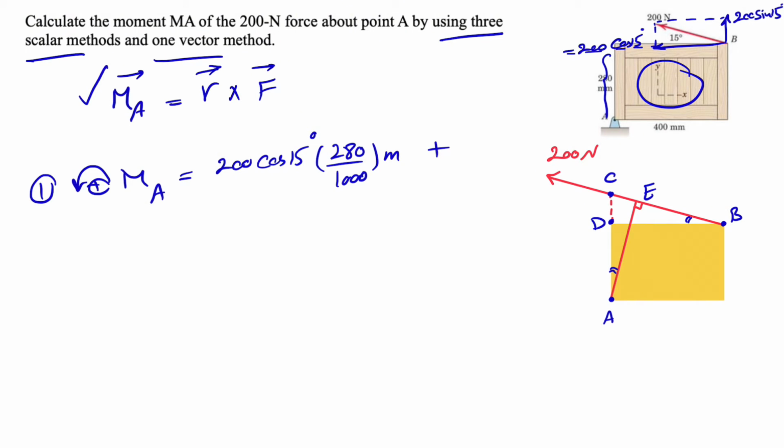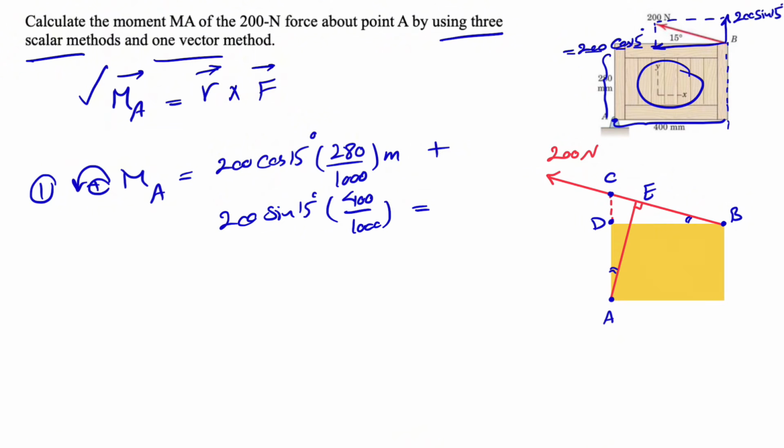So that was the x component, and then we have 200 sine of 15 degrees, and the distance that we have, this is the line of action of the force, or I should say the y component of the force, and the vertical distance would be what we have from here to here, 400 divided by 1,000, and you just have to add these two. And again, we're dividing by 1,000 in order to get it in meter.